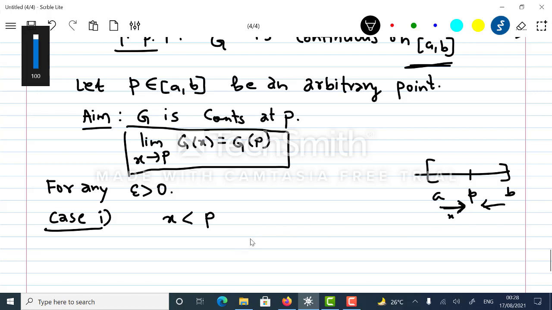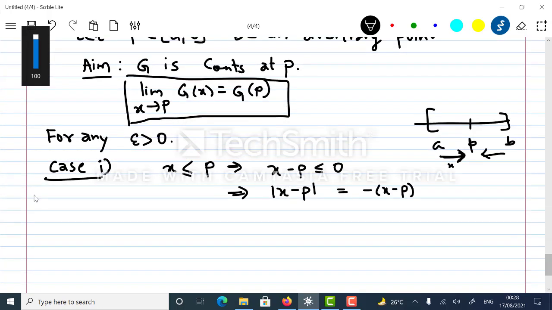So if x is less than or equal to p, this would imply x minus p is always less than or equal to 0. If the number is less than or equal to 0, then modulus of x minus p is basically minus of x minus p. Okay.